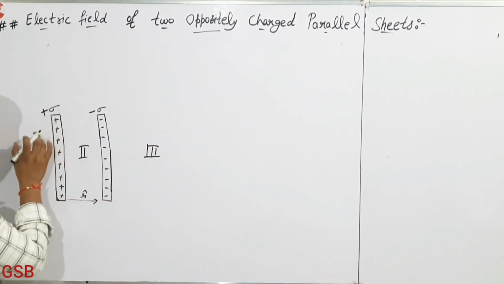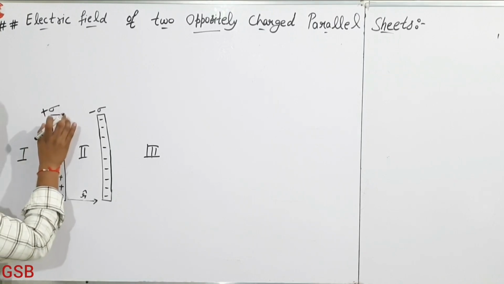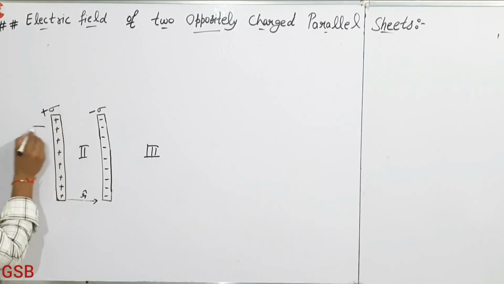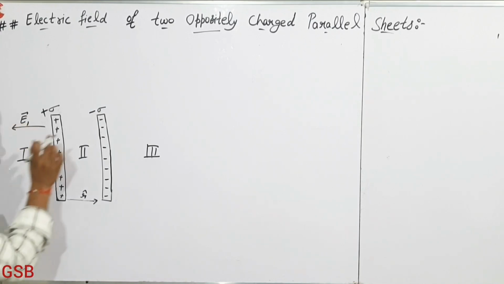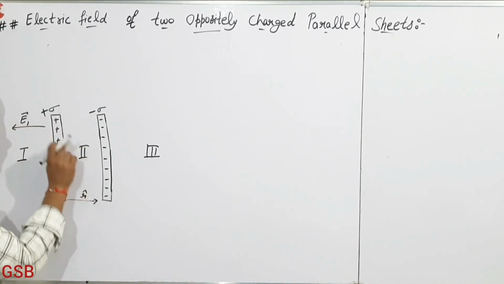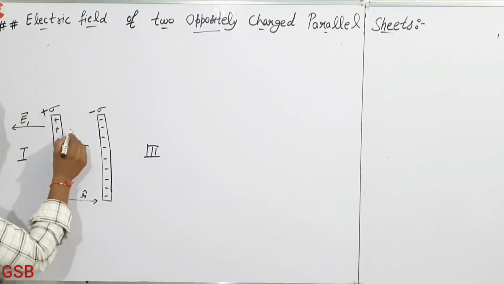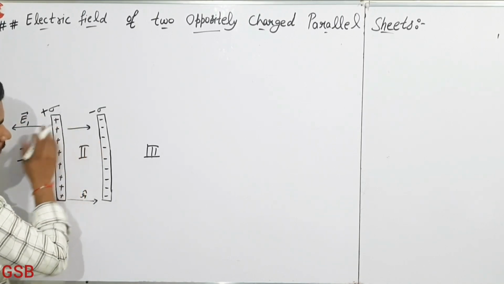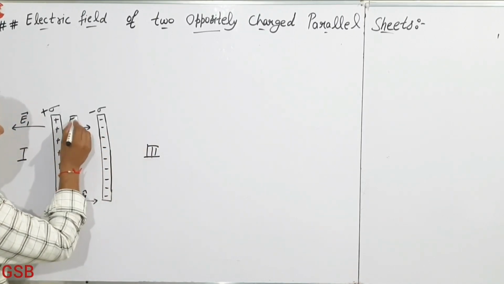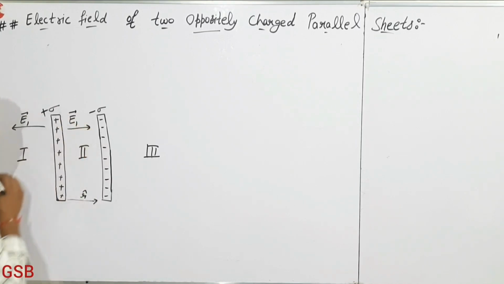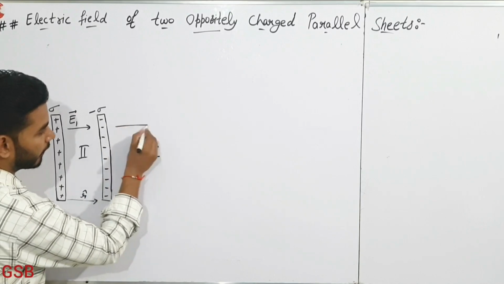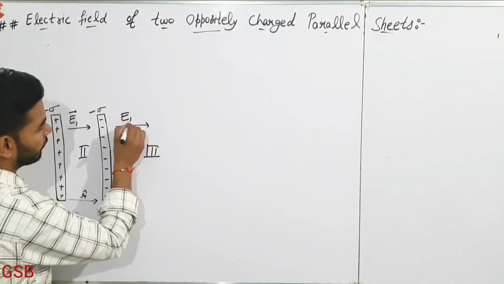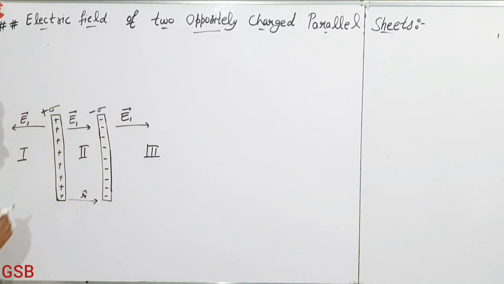Electric field in region first due to surface charge density plus sigma is represented by E1 vector. In region second it is radially outward from left to right, we write E1 vector. In region third it will also be from left to right, we write E1 vector.